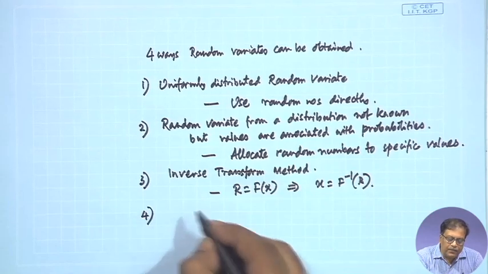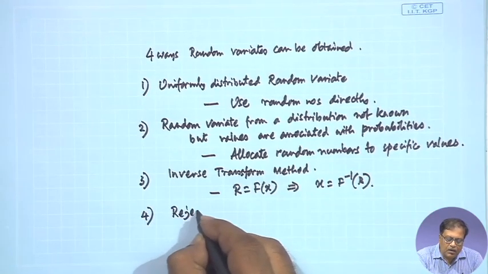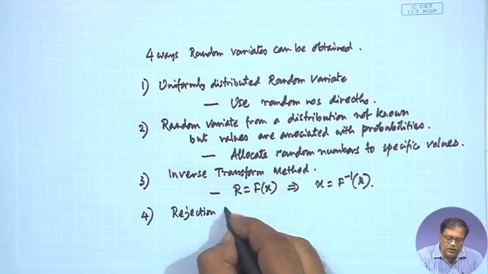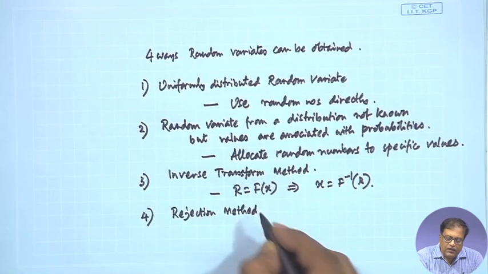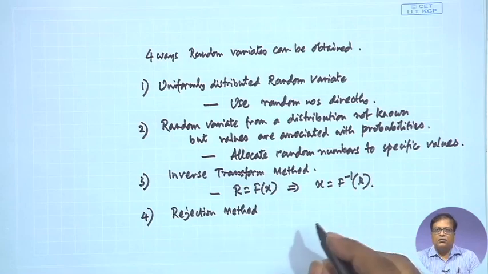The fourth is the rejection method, that is what we are discussing now. Here also the F(x) may be known, not really. Only thing we have are the values and we can draw the probability distribution function, but it may not be possible to allocate all the random numbers. So, we may have to reject some random numbers and keep the remaining random numbers from a given distribution. That is what a rejection method is.